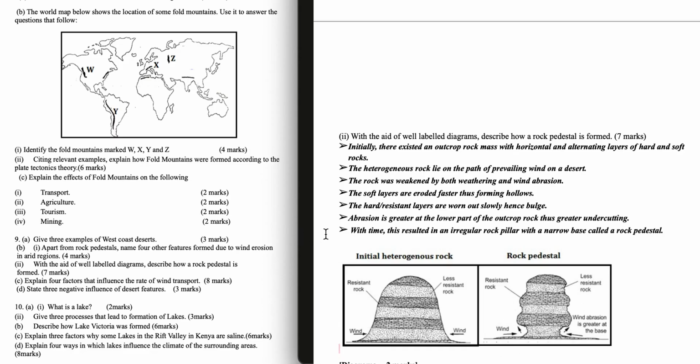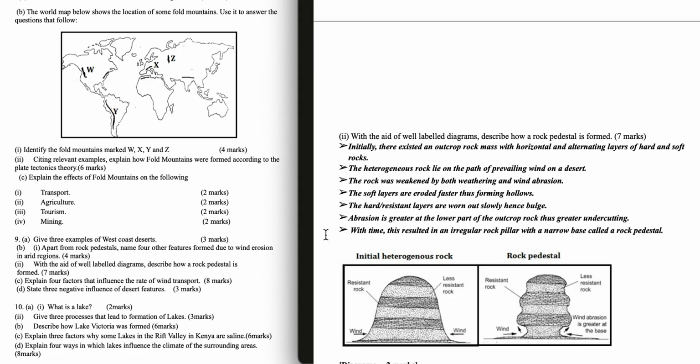So initially, there existed an outcrop rock mass with horizontal and alternating layers of hard and soft rocks. The heterogeneous rock lies on the path of prevailing wind on a desert. The rock was weakened by both weathering and wind abrasion.